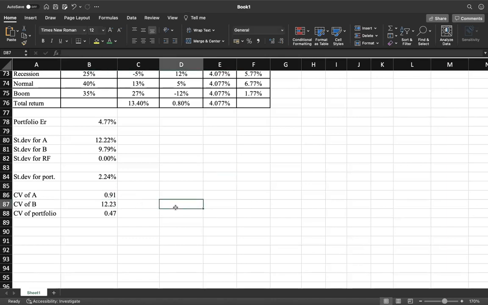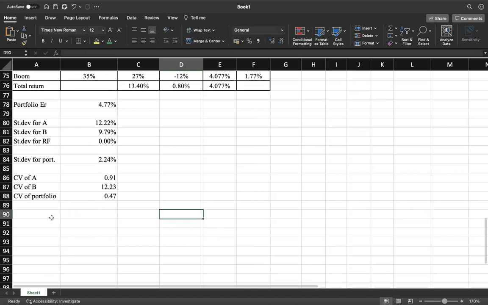For stock B, for 1 unit of return, you are facing 12 times more risk, which is very dangerous, very bad. And portfolio is the least risky because it has the lowest coefficient of variation. For 1 unit of return in the portfolio, you are facing 0.47.